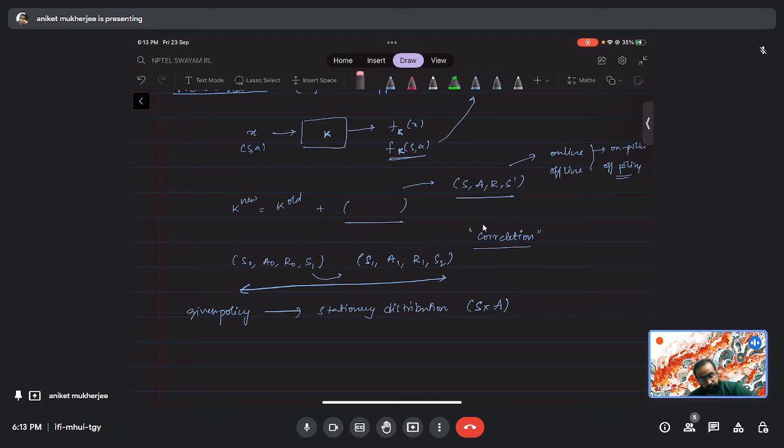Suppose initially you sample a Markov chain with two states, very easy, let's say 0.7, 0.3. I have a proper Markov chain with transition probability matrix P: P11, P12, P21, P22. My initial distribution is 0.7, 0.3.